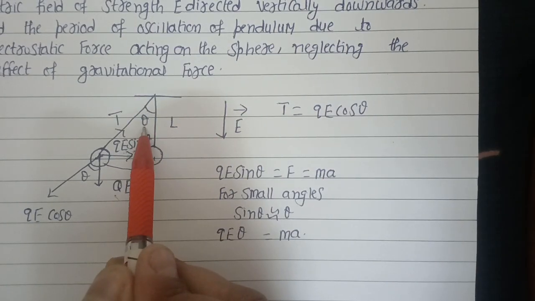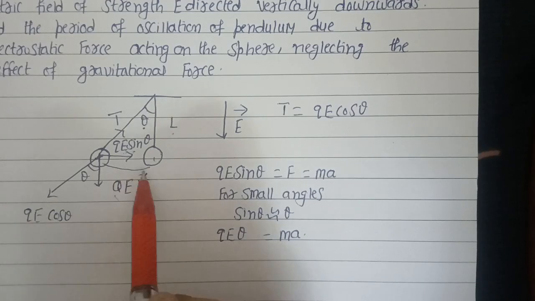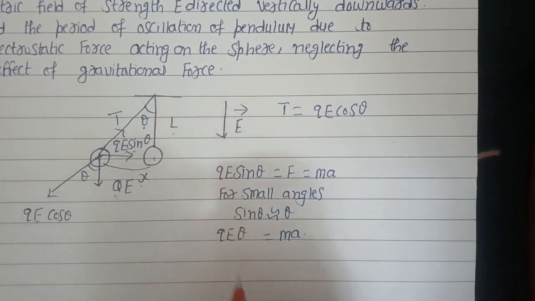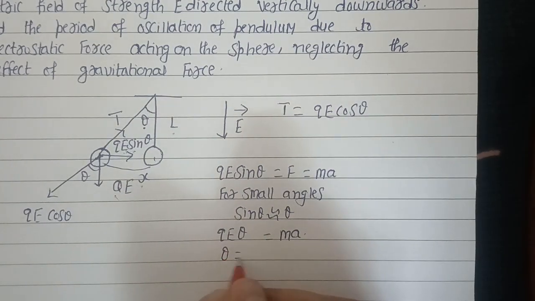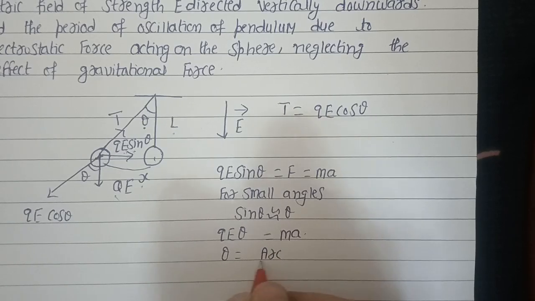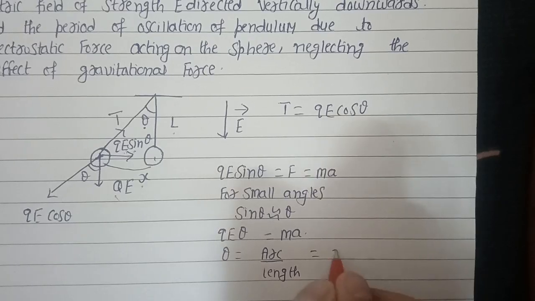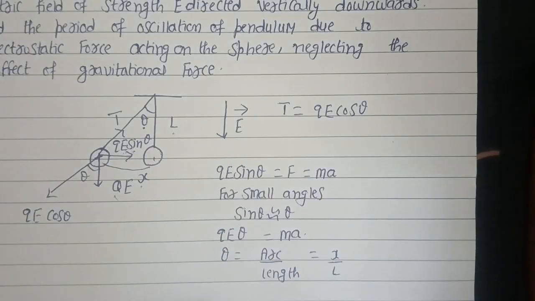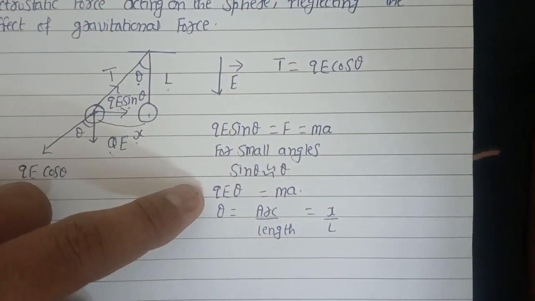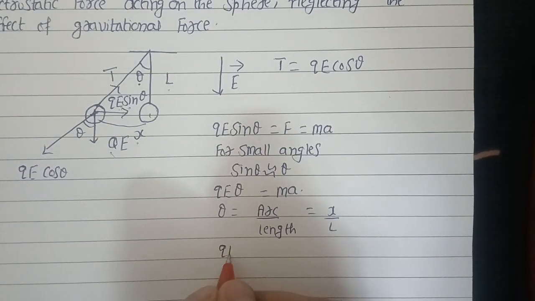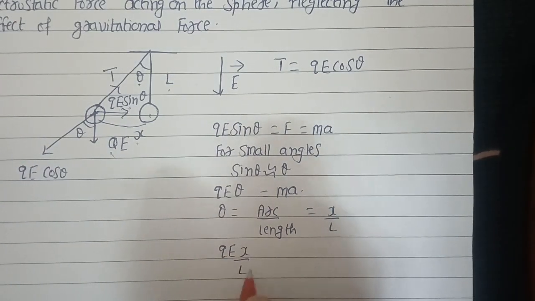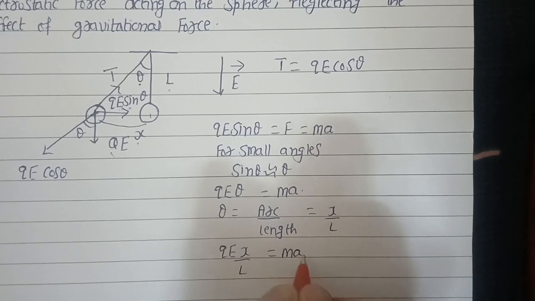Theta is the angle, L is the length, and x is the arc. So we know that theta is equal to arc upon length, that means x upon L. So putting this in the equation, QEx by L is equal to ma.